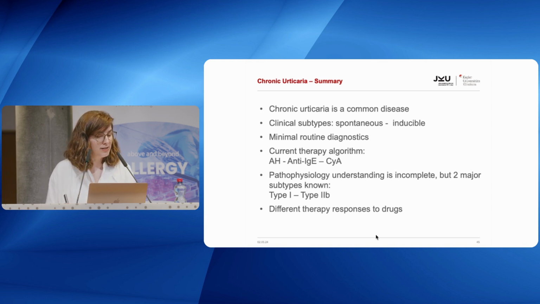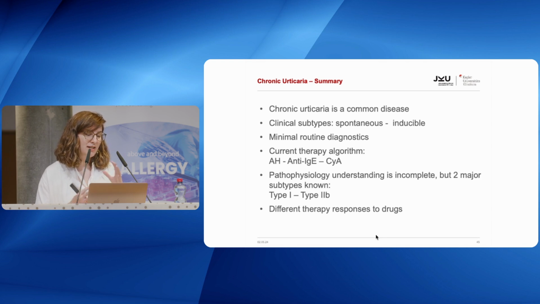And the current therapy algorithm that we have: antihistamines, anti-IgE therapy, or cyclosporin A. The pathophysiology is not 100% completely understood, I would say, but I think it's pretty established that we have these two major subtypes, the type 1 autoallergic form and the type 2B more autoimmune type.